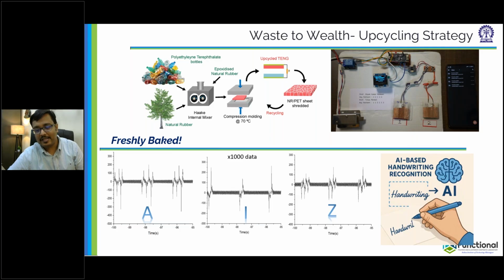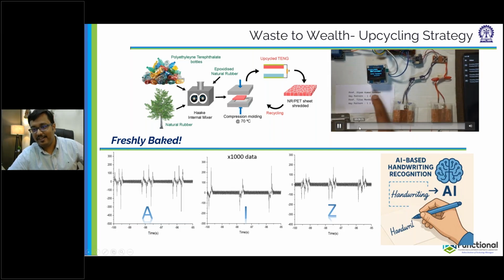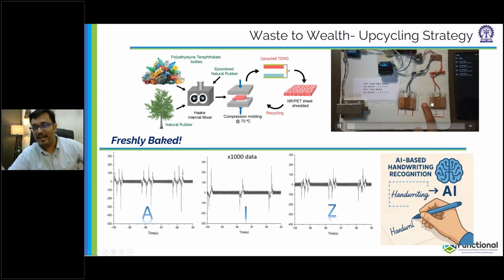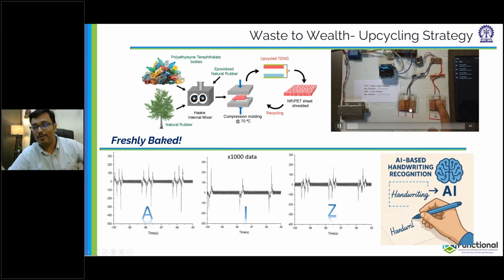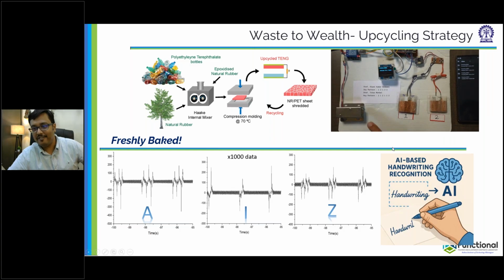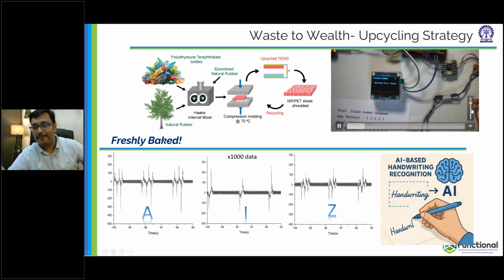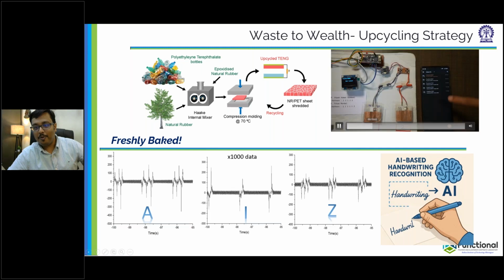Not only that, we have developed a smart lock system, as you can see here. Here you have a panel, and these are self-powered materials. You do not need any energy harvester. If I go back a little bit, here is a lock. If you put in that pattern, you see the unlocking happening.